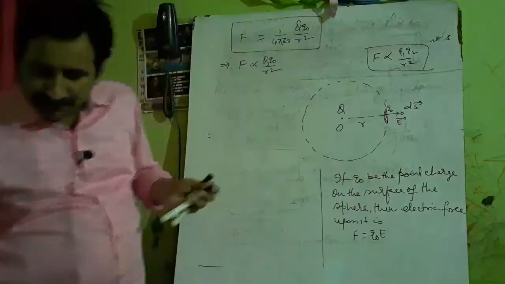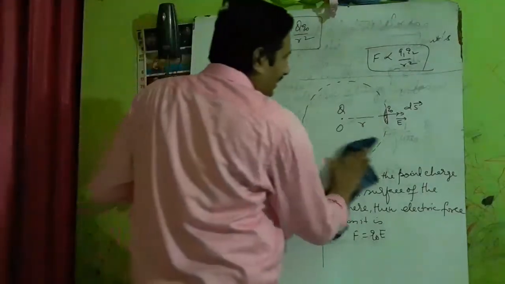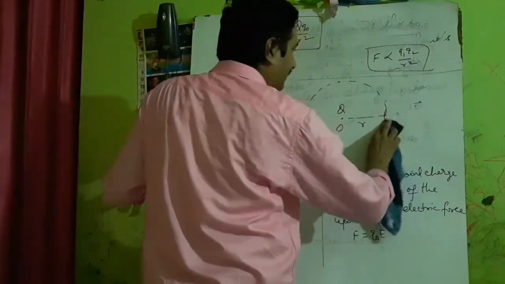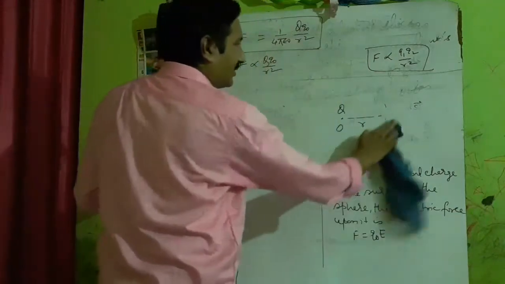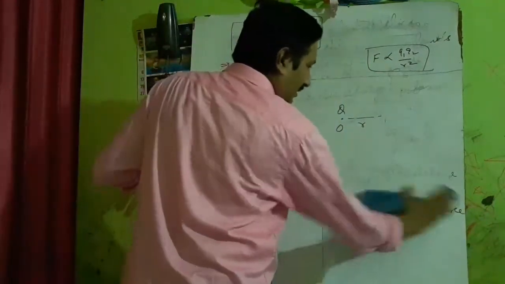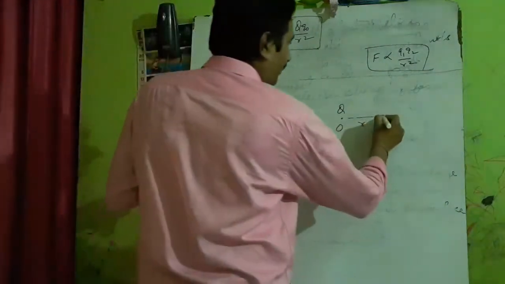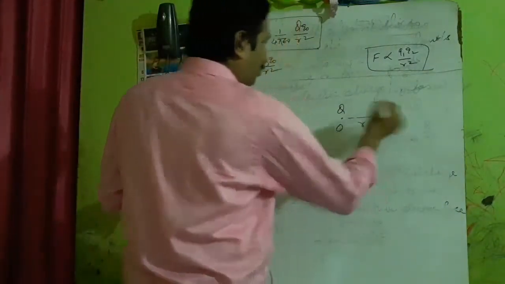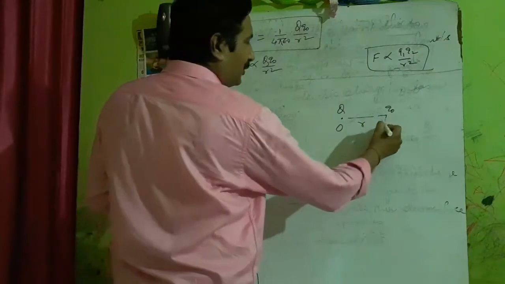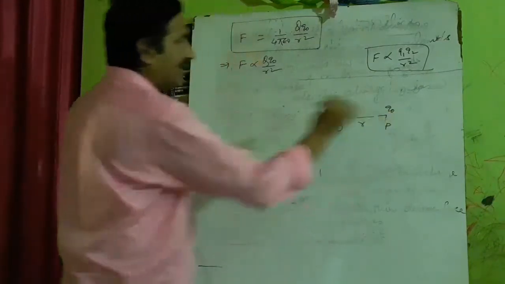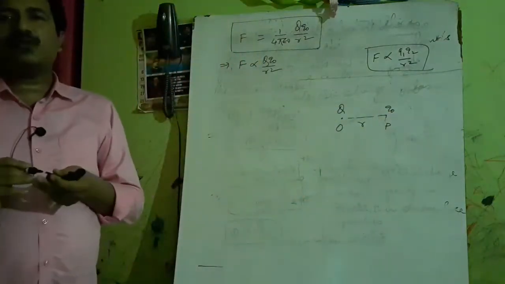If you remove this sphere and put q naught here, q here, you see this is the electric force between the two charges.